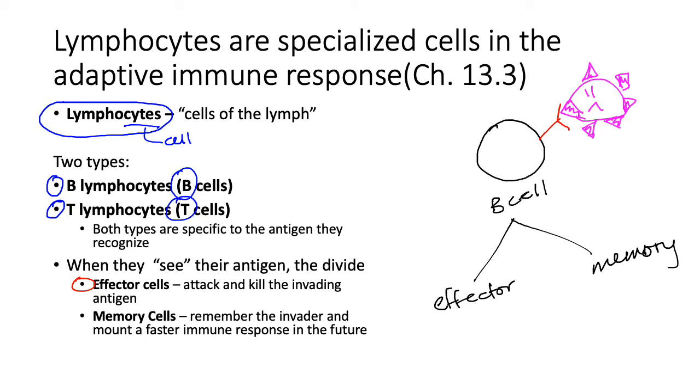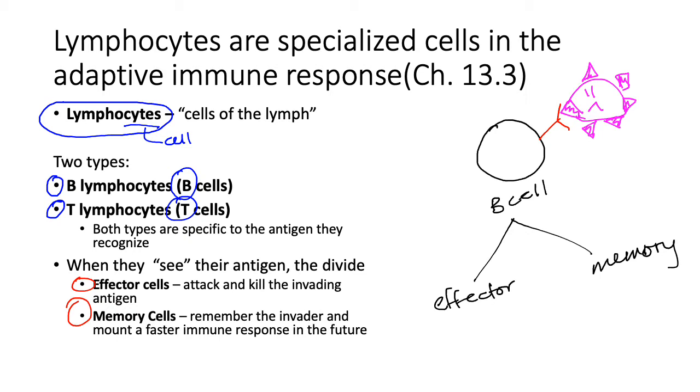The memory cells basically hang around in our body to remember the invader, so that if this guy ever comes back, they can mount a faster immune response. And that's really good because the faster you can mount an immune response, the less sick you're going to feel, because it's really easy to just nip it in the bud and get rid of it right as you are getting sick.